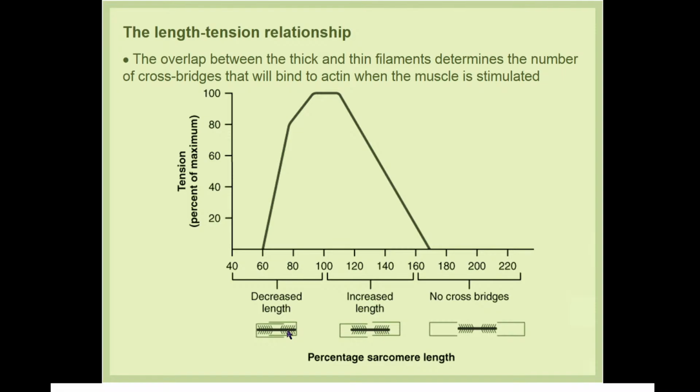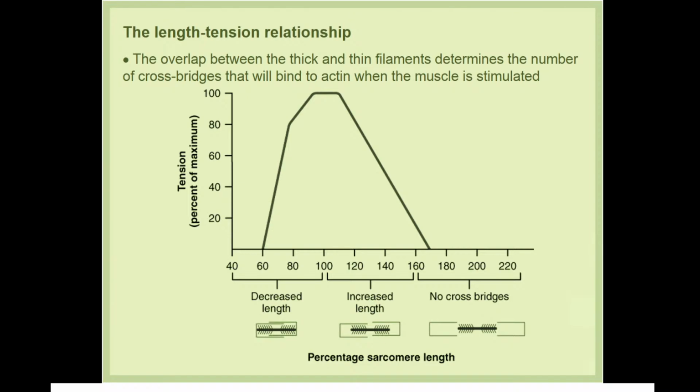You can see that the length of the sarcomere may be changed, it may decrease, it may increase, and in both cases you can see that the overlap of the thick and thin filaments decreases. So that is why a smaller number of linkages between the thick and thin filaments may be developed, and consequently less force is developed by the muscle.